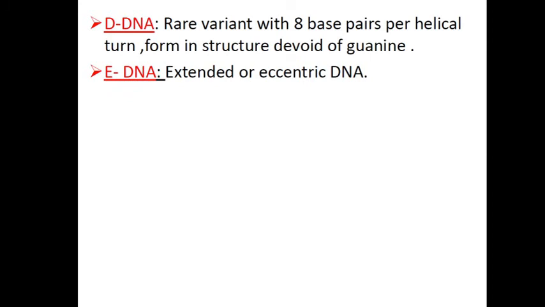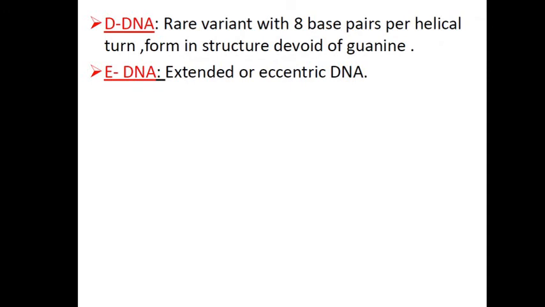Even the D and E forms are also seen. The D form is a very rare variant with 8 base pairs per helical turn. We will discuss this terminology, what is a helix, what is a turn, what is base rise and so on. So the D-DNA has 8 base pairs per helical turn, and its structure is devoid of guanine.